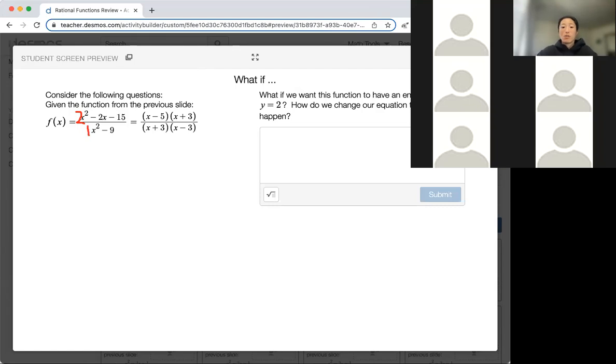And we think about our leading coefficients. The leading coefficient in the numerator is 2. Leading coefficient in the denominator is 1. So the ratio is 2 divided by 1, which equals 2. And that is exactly how we can take this function and now give it a different horizontal asymptote. Okay, so we can multiply the numerator by 2.